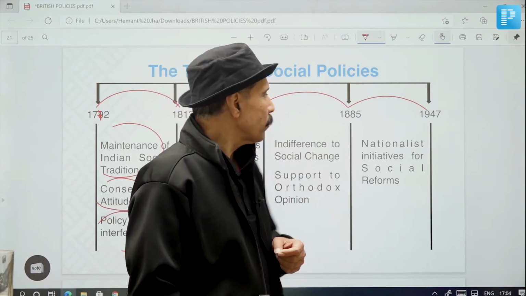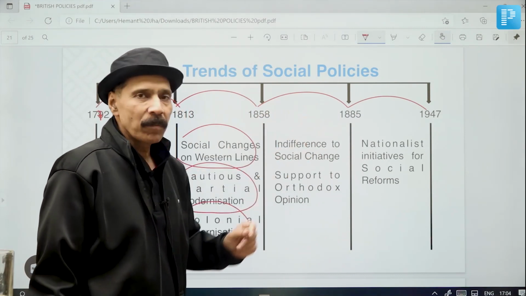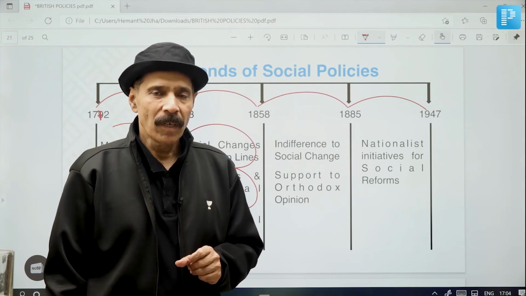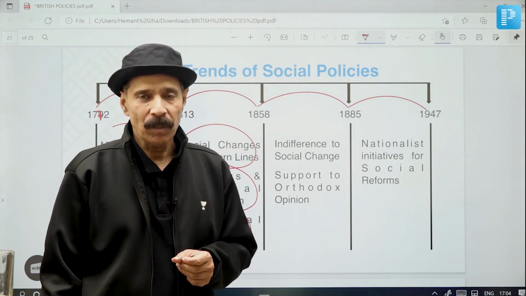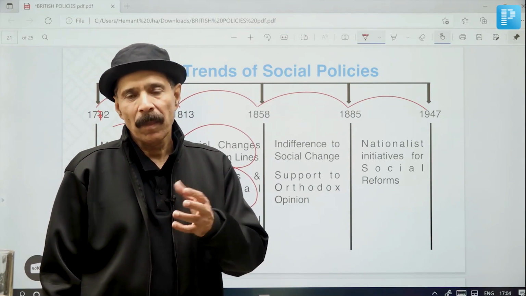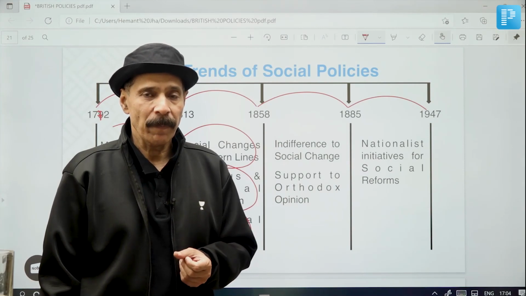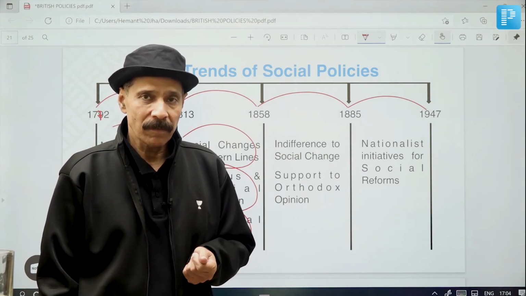And next, in the third phase, 1858, 1885, we find they became very cautious as regards social reform. And they became indifferent to social reforms also. And they began to support the orthodox elements of the society. Why this change? Because the revolt of 1857 played a role.